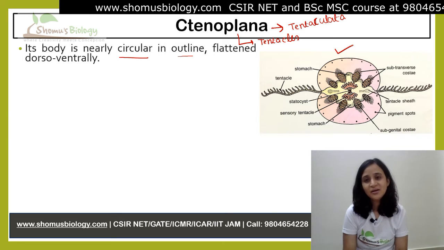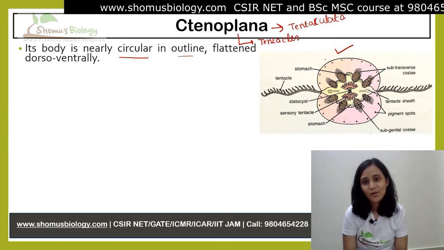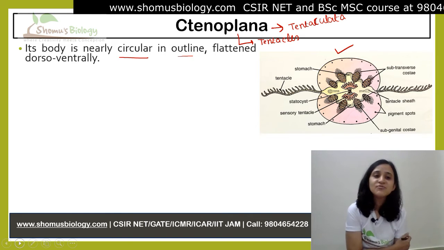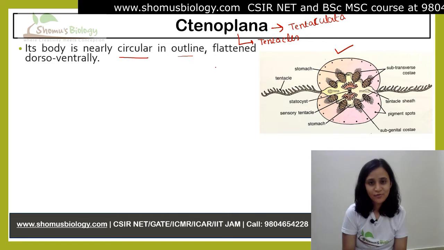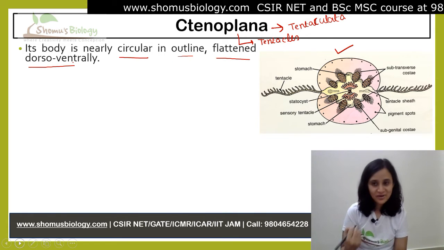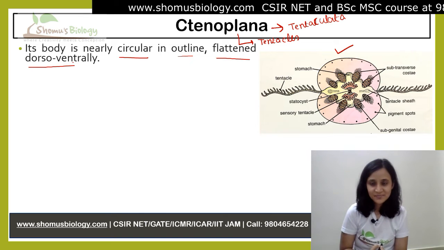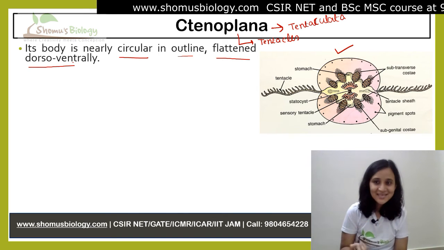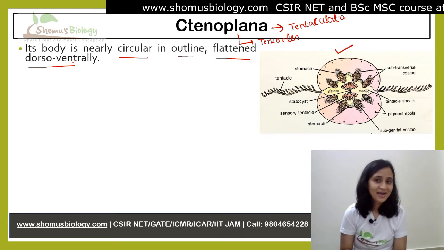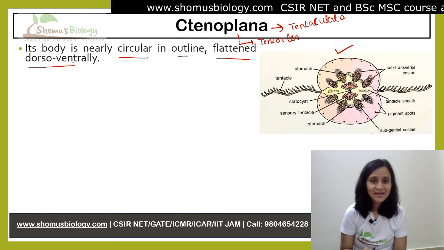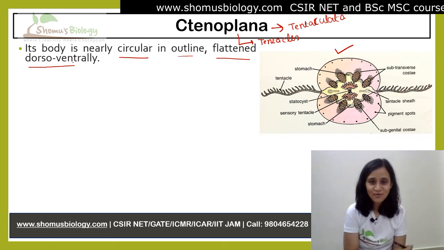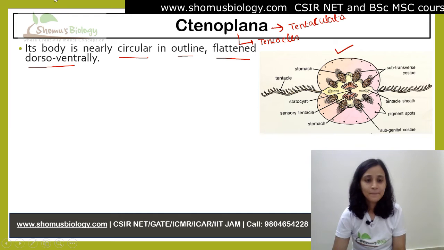In this picture you can see that their body is just like a circle and it is flattened dorso-ventrally. That means the dorsal side or the back side and the ventral side or the front side, both sides are flattened in case of Ctenoplana.